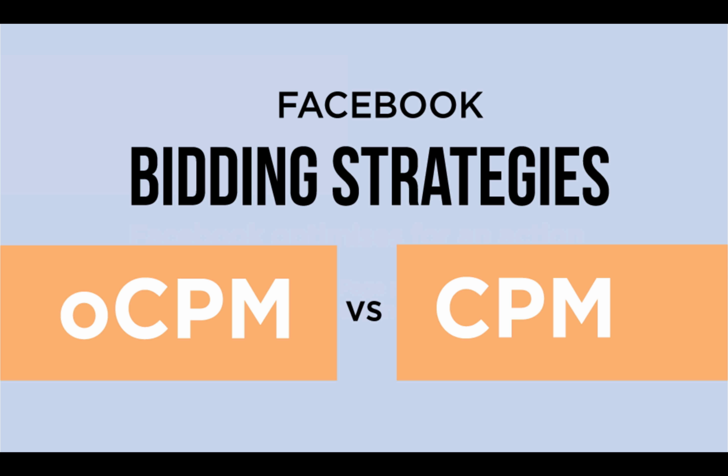So it has a lot of data and it knows exactly who's about to perform certain actions or which people are more likely to perform a specific action over others. And again, that goes into the entire auction process, right? EA, expected action. So let me break this down and explain to you what oCPM means versus CPM, and then I'll show you situations on how to use these.